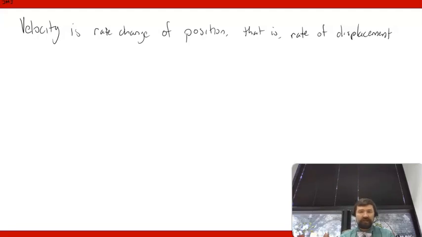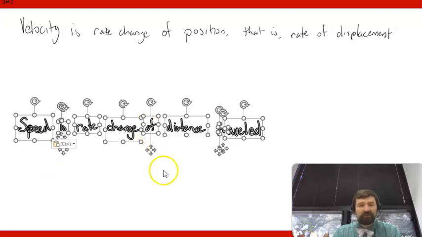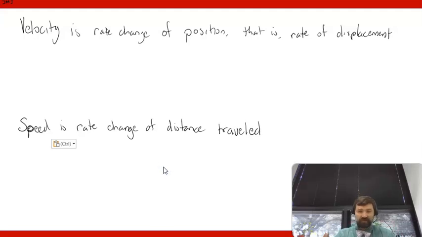Velocity is the rate change of position, or in other words, velocity is the rate of displacement. Similarly, speed is the rate at which distance is being covered. So it's the rate change of distance traveled, or it's the rate at which distance is traversed.